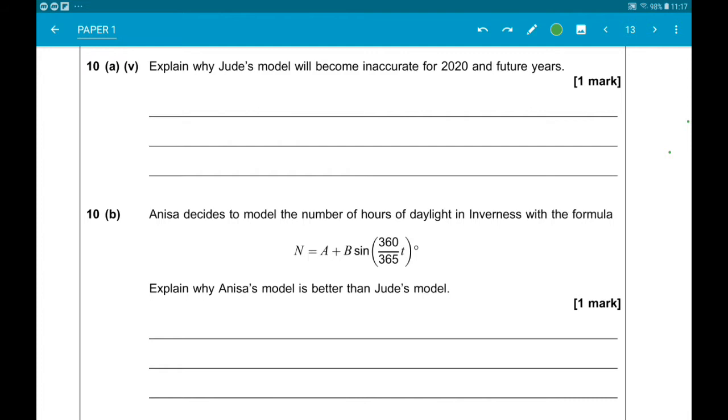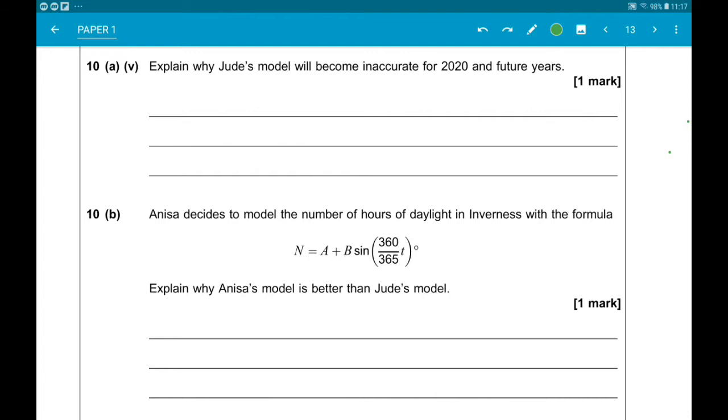So, given that t is the number of days after when we started in March, Jude's model repeats itself every 360 days, but there's 365 days in a year. So that would be the answer to part 1.